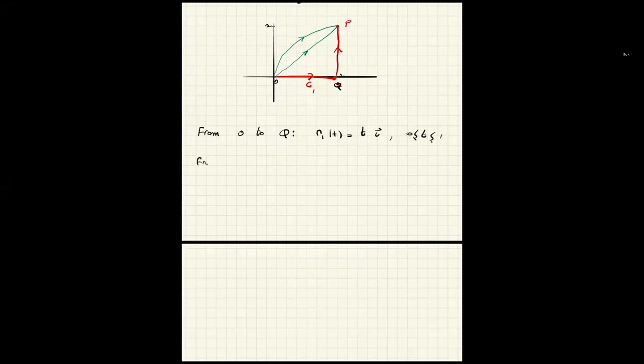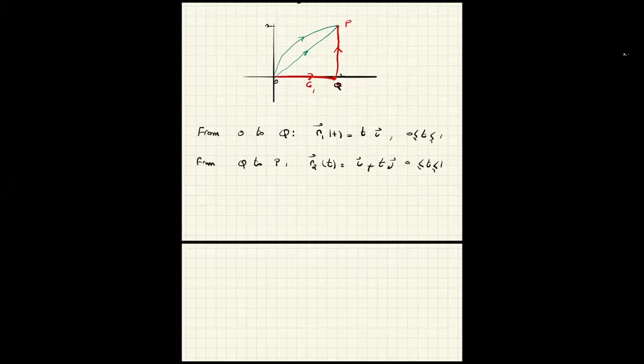Then from Q to P, I have another one. Do not forget these vectors; it's going to help you not be confused with scalar functions. Now I is fixed, so it's the vector I plus t j, and t goes from 0 to 1.